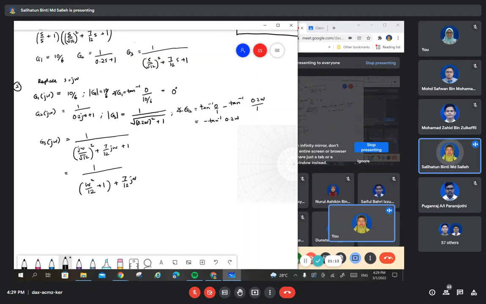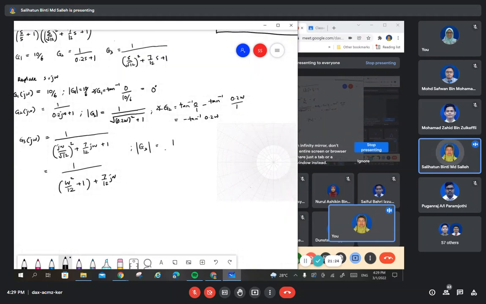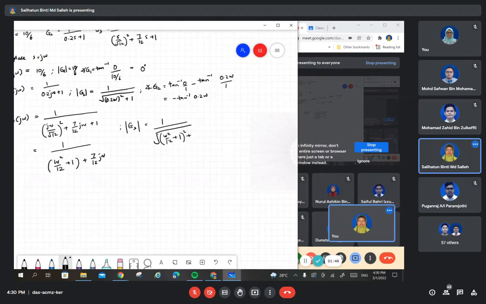So our magnitude G3 equals 1 over the square root of real part squared plus imaginary part squared, with 7 over 12 omega squared.